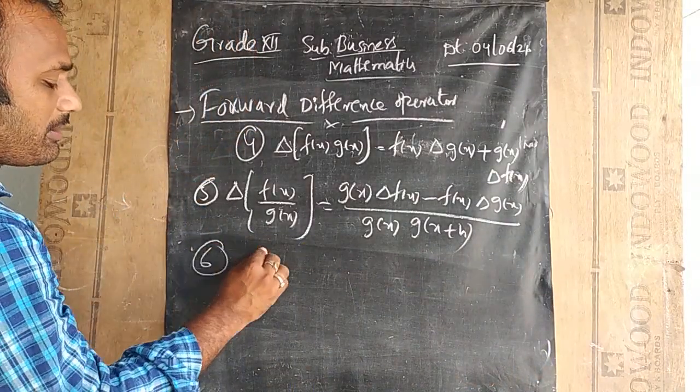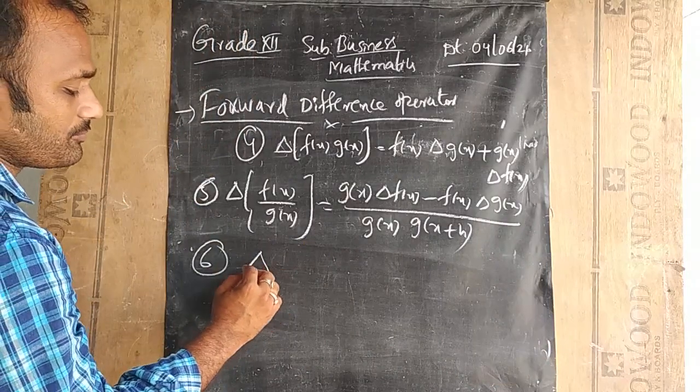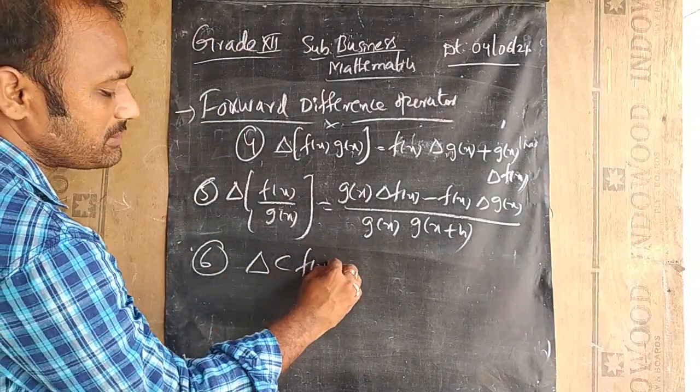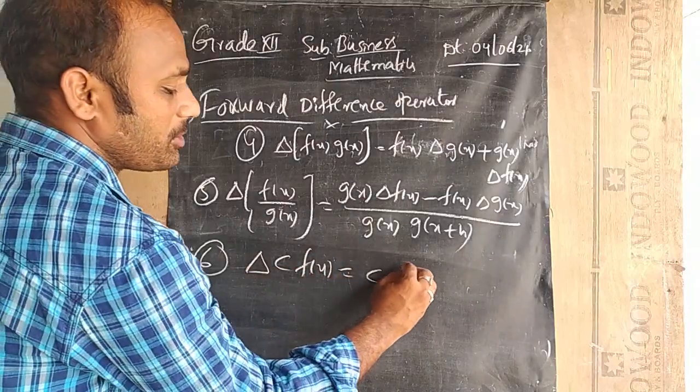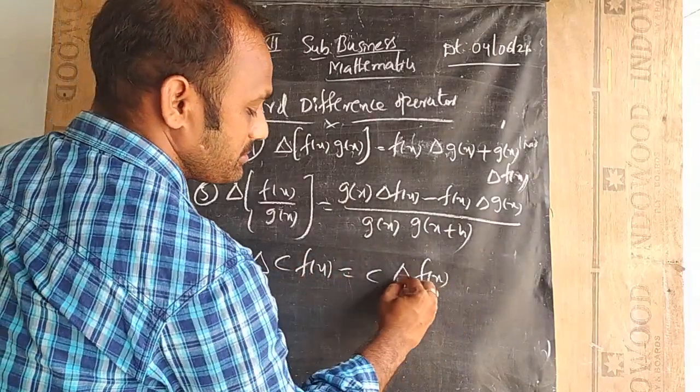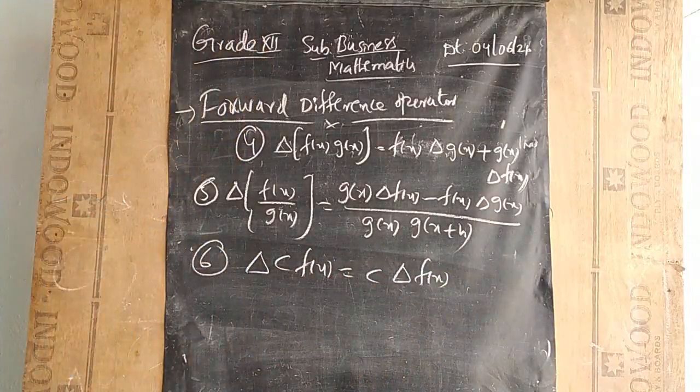Lastly, sixth formula: delta of any constant c into f of x, that constant we can take outside, c into delta of f of x. So these are the properties of the forward difference operator.